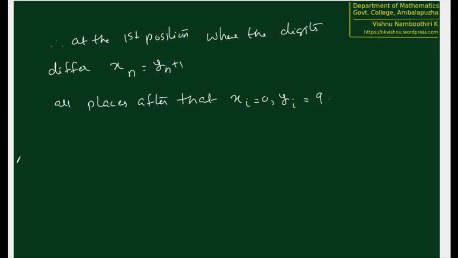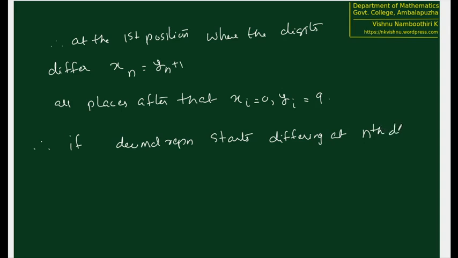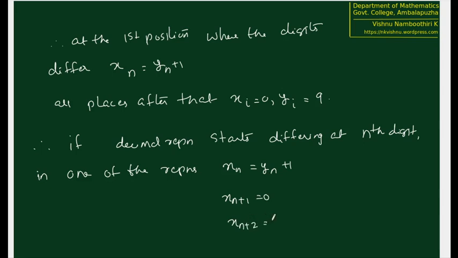So that is one crucial observation. Therefore, if the decimal representation starts differing at the nth digit in one of the representations, then xn is going to be equal to yn plus 1, and xn plus 1, xn plus 2, etc. are 0.